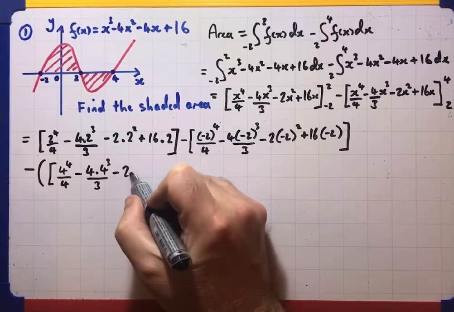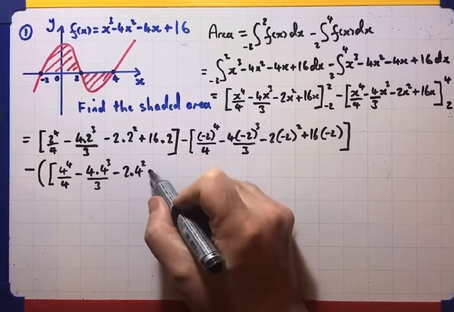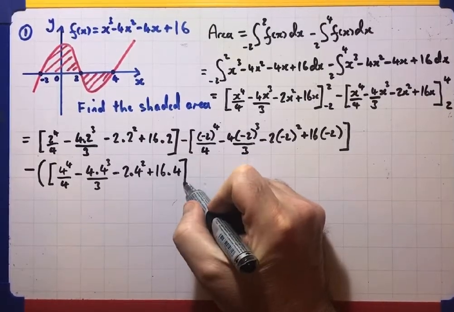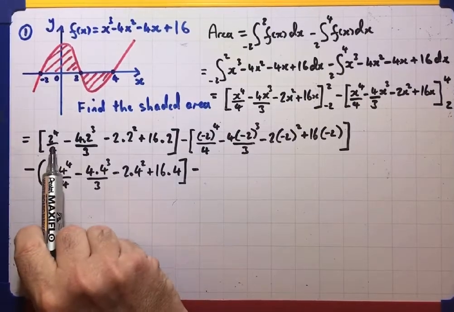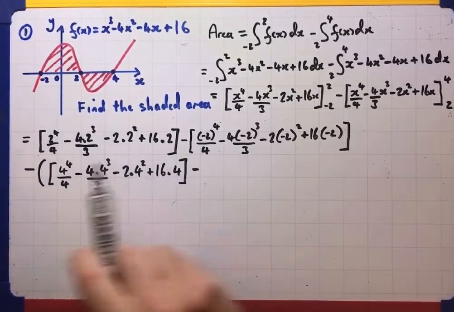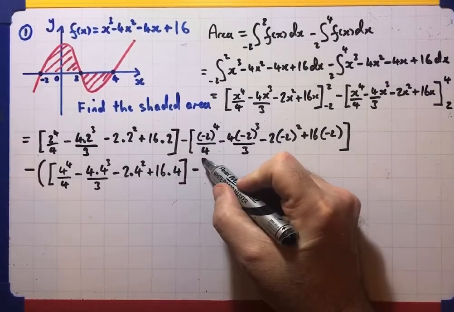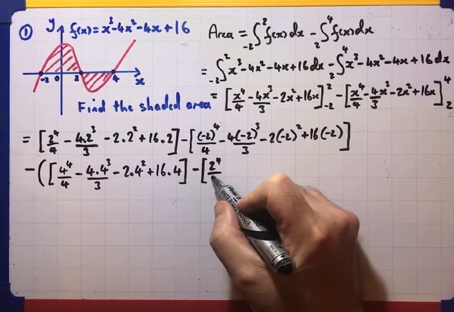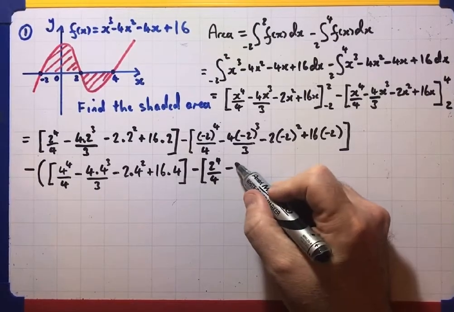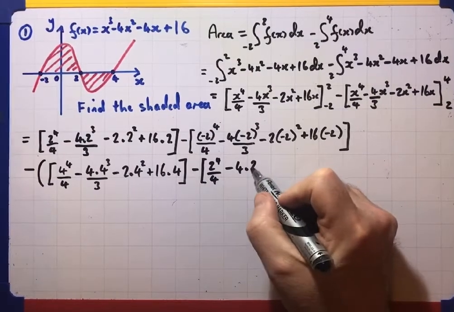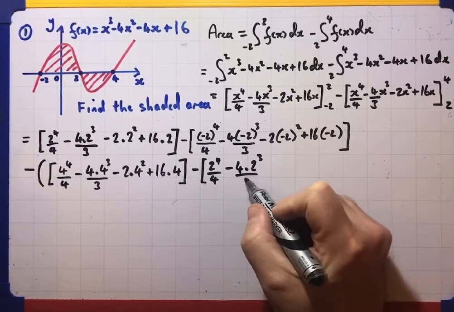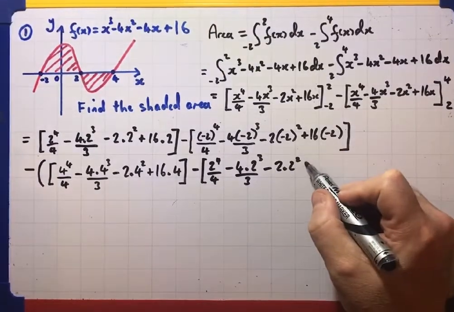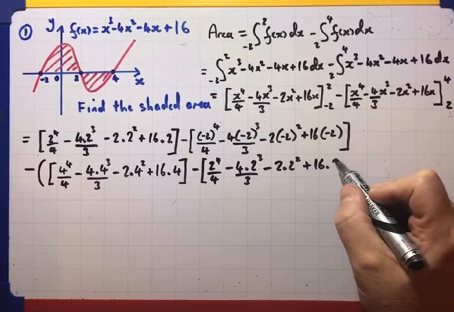Take away 2 times 4 to the power 2 plus 16 times 4. That's the first bit. The next bit is exactly the same as that, because we're putting in 2 here, so it's just like this one. So if we put in 2 there, we've got 2 to the power 4 over 4 minus 4 times 2 cubed over 3 minus 2 times 2 squared plus 16 times 2.